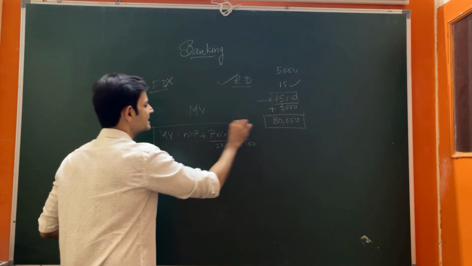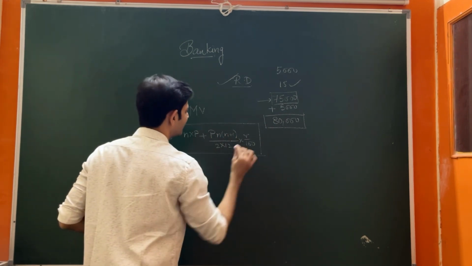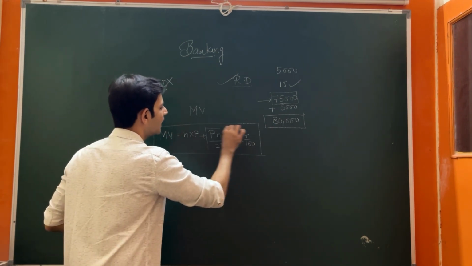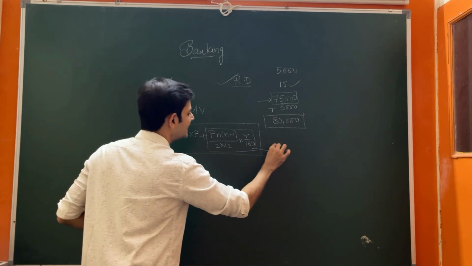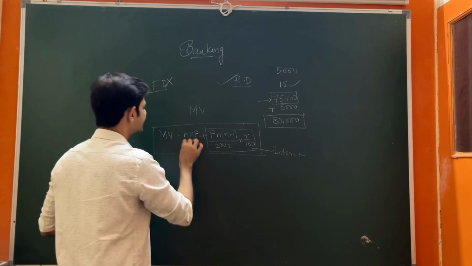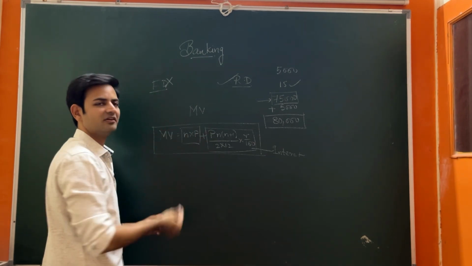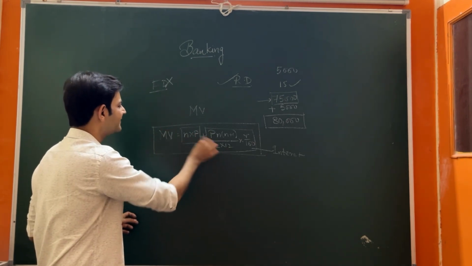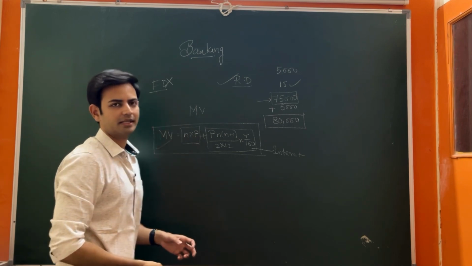So this is the formula for maturity value, where this part is called the interest part or interest component. This is the money that you have invested, and when you add them up, you get the maturity value.